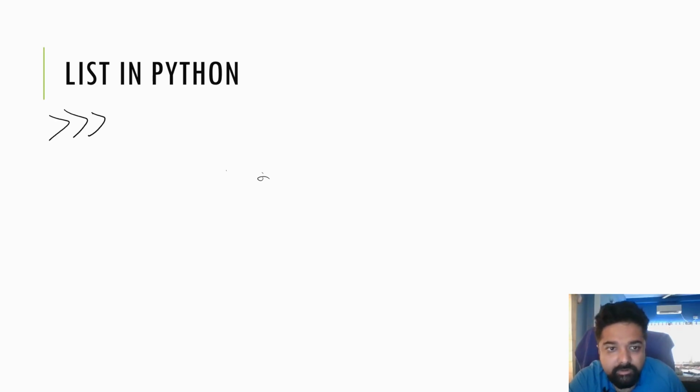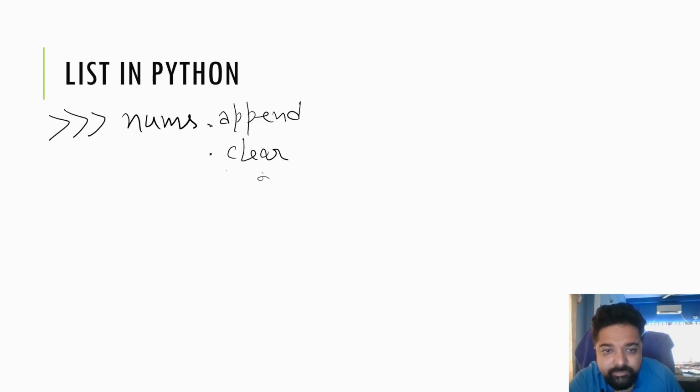We have the variable nums. If you write dot, then so many functions will appear. One will be append. It means it will add a value at the end. Then clear. It will clear the list. Then copy. It will copy the list.